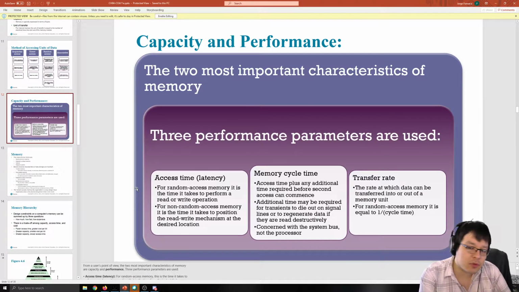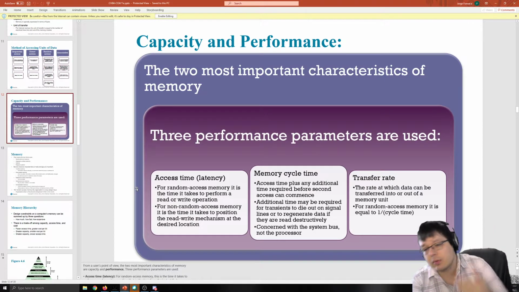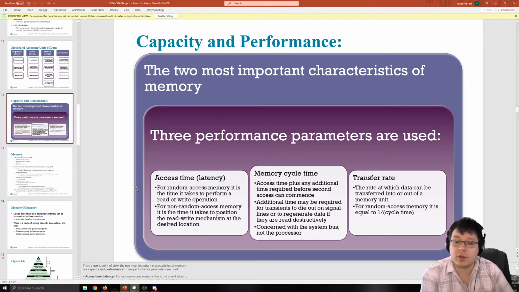The data may be able to transfer super fast, but if we have a latency issue, it's still going to be a slow device. For example, suppose that you're watching a movie. A movie is typically stored on the hard drive. It's not stored in main memory because it's a pretty big file. Or if you're watching it on a Blu-ray disc, then it's stored on a disc, and that is pretty slow compared to RAM.